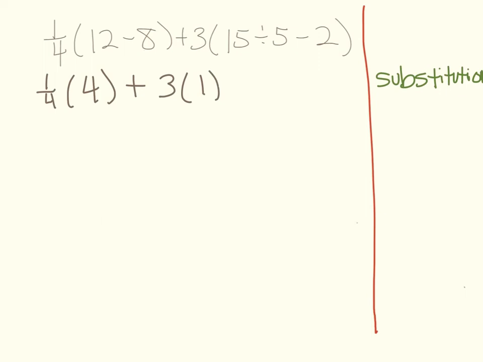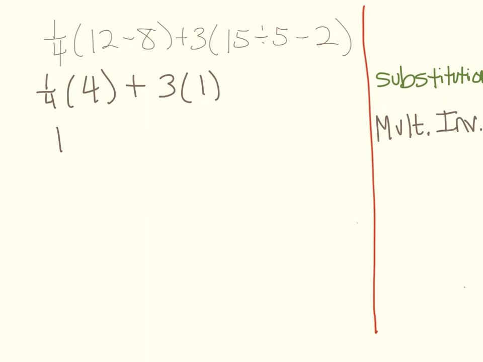The next step, we would do 1/4 times 4, and we would get 1. And the property that we're using there is the multiplicative identity property. Or excuse me, the multiplicative inverse property. It's multiplicative inverse because 1/4 and 4 over 1 are multiplicative inverses, and if we multiply multiplicative inverses together, we get 1.